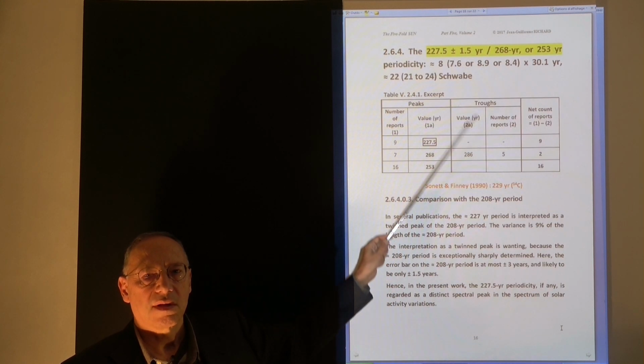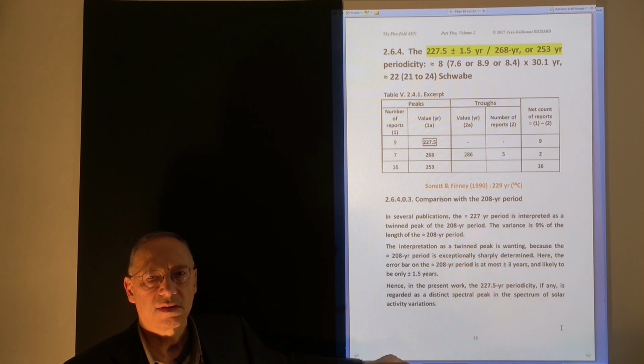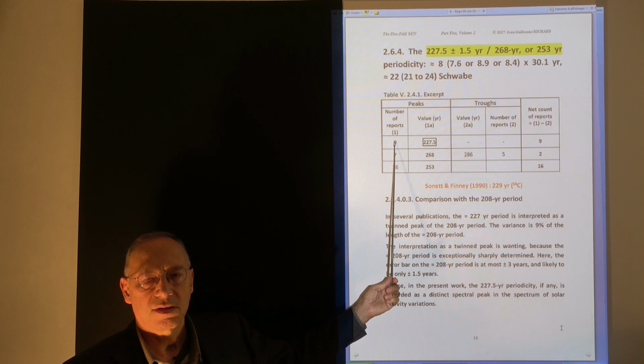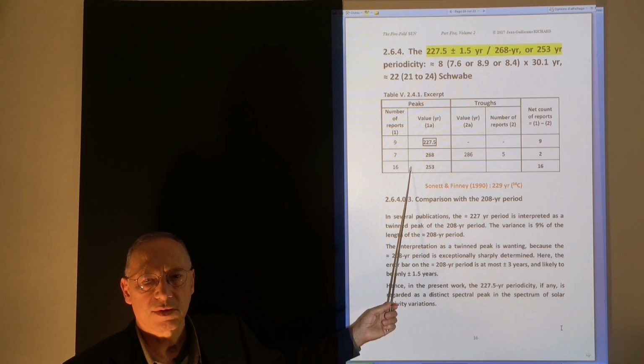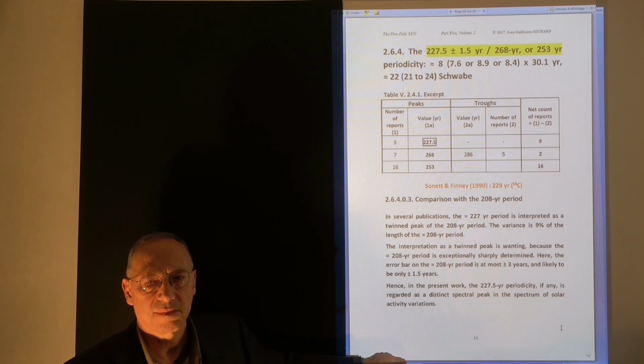Then we have a period for which there is a very large band of uncertainty in its true length, 227 or maybe 253 or maybe 268. We have in all, you see, a very large number of reports that there is a period in this band.